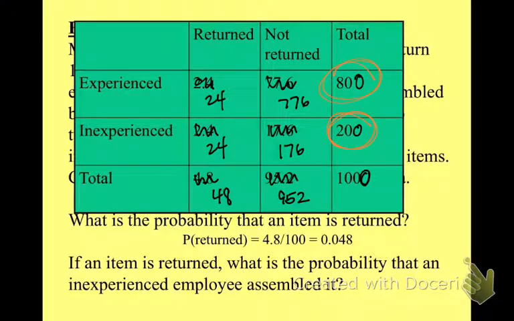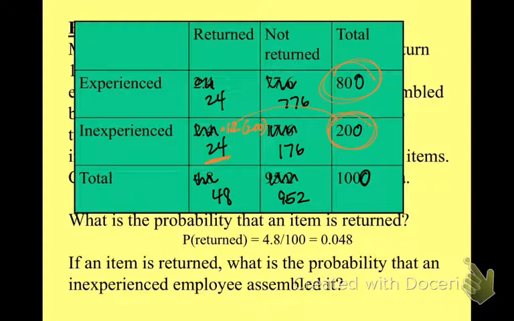From there, it says that 12% of the total of inexperienced items, or I guess the items from inexperienced, are returned. So to get this 24, I'm going to take 12% of the total. So 0.12 times 200.